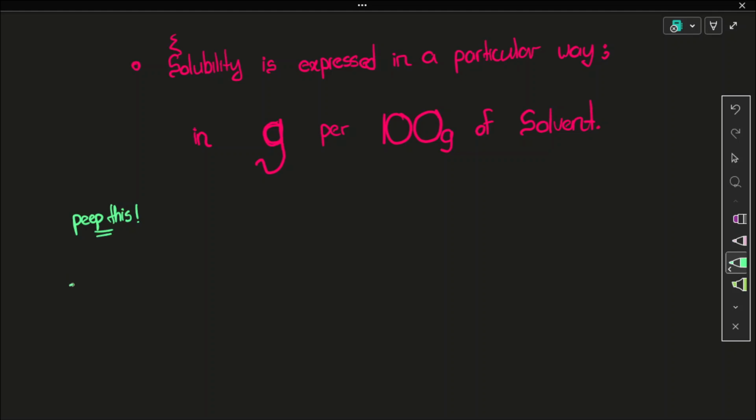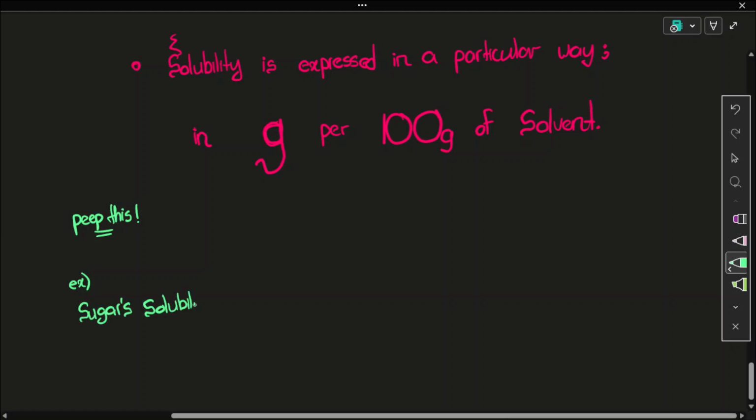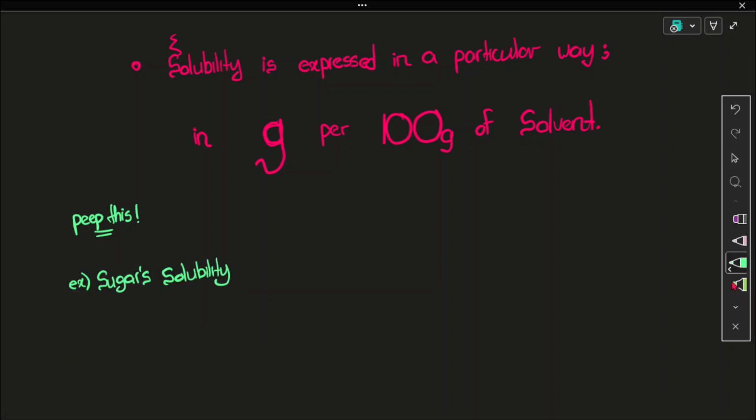So for example, I'm going to talk about sugar's solubility.